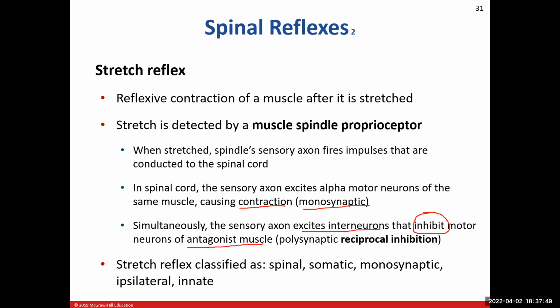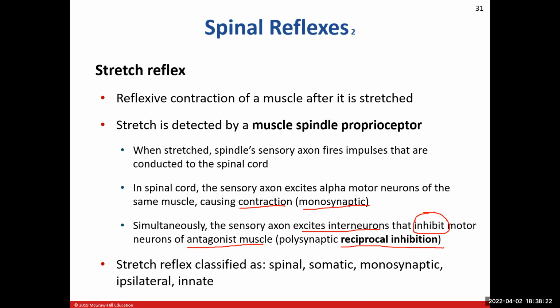By inhibiting the antagonist muscle, the biceps brachii, we prevent it from contracting, so it can't oppose the triceps brachii. If you recall, the triceps brachii muscle at the elbow extends the elbow, whereas the biceps brachii muscle will flex the elbow. So this process is known as reciprocal inhibition.